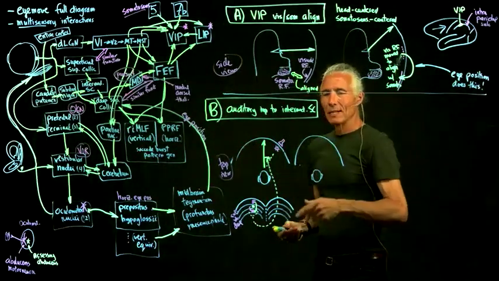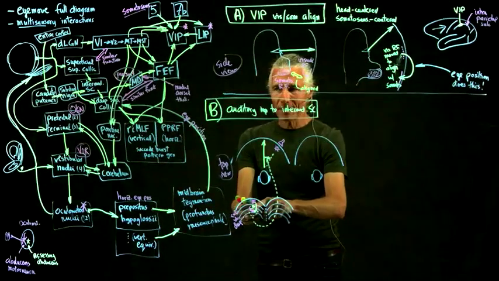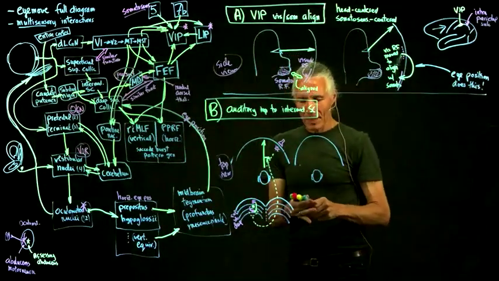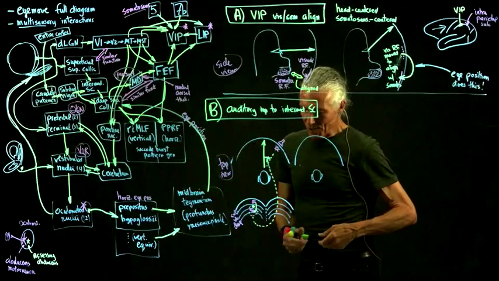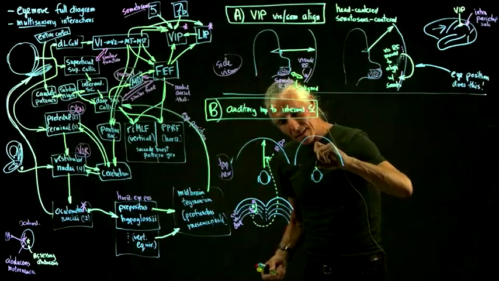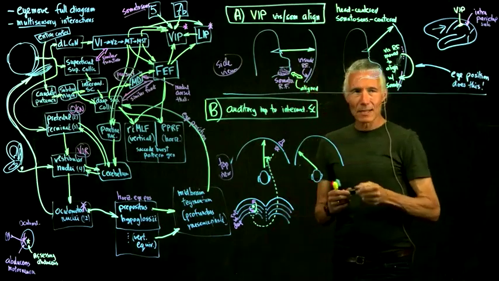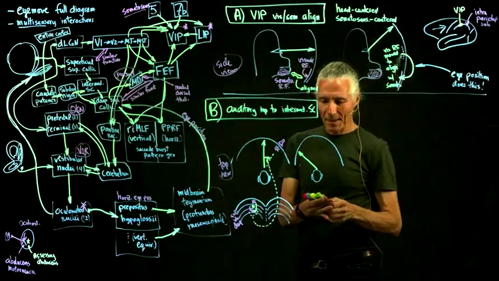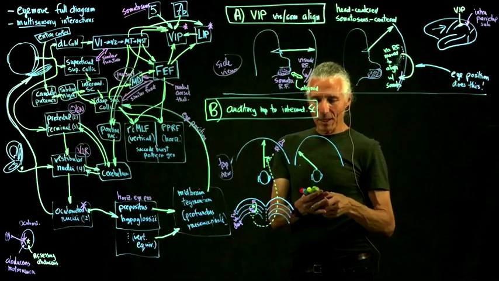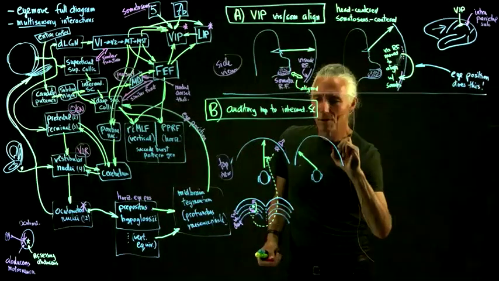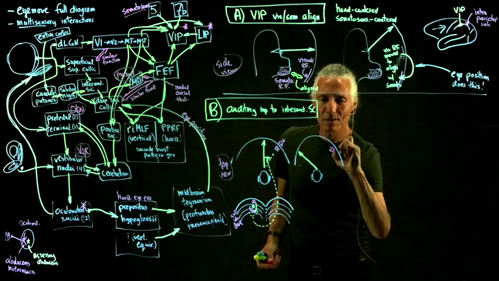All that stuff is happening before it gets to the superior colliculus. But now let's consider what if the animal just looks off to this side. Its head is fixed, so its ears have not changed the interaural time delay. And then what if we just turn on the same light or the same sound?